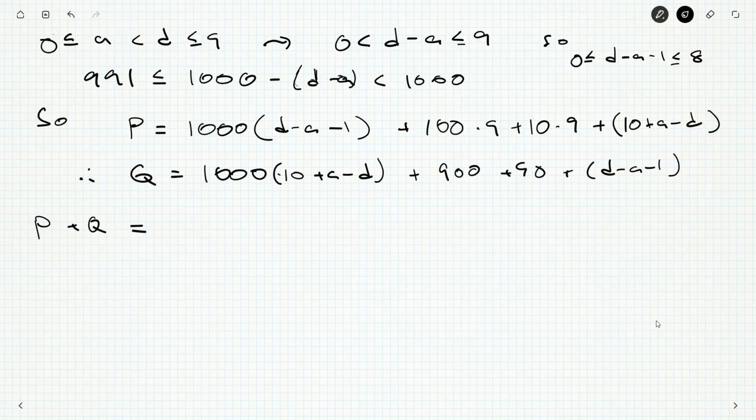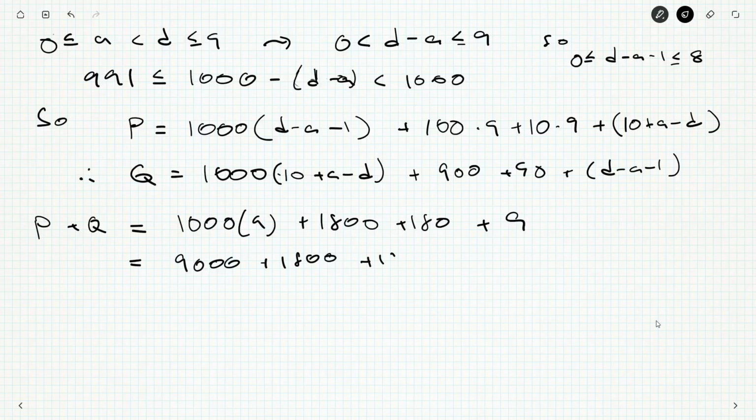And so p plus q in this case is going to be 1,000 times 9 plus 1,800 plus 180 plus 9. So 9,000 plus 1,800 plus 180 plus 9. And we'll just get out the calculator to speed this along. So that's 10989.